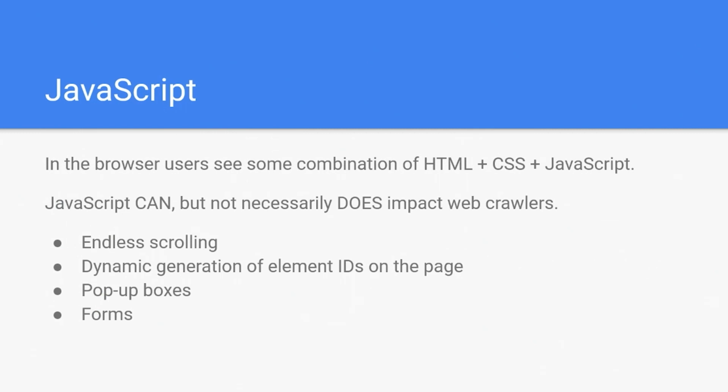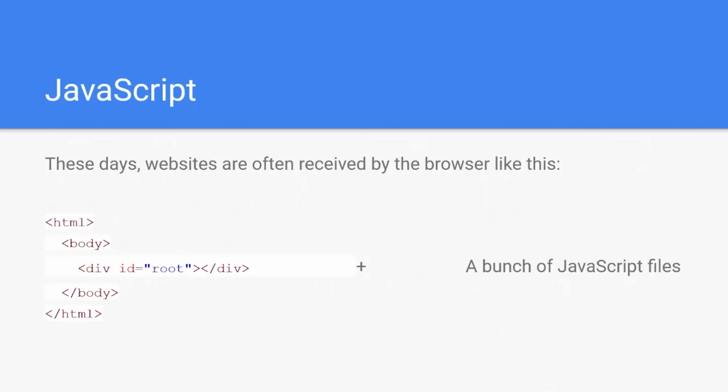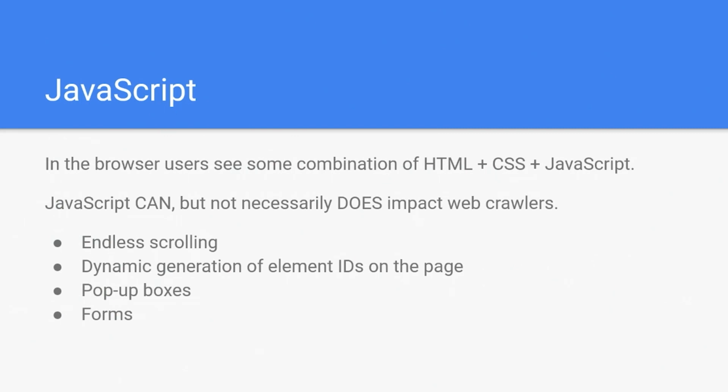In reality, as I said, JavaScript can, but not necessarily does, impact web crawlers. For example, if everything gets immediately rendered in this root element, then basically what you see in the browser, the web crawler can also see. That's not a big problem. The problem is when the content of the website is somehow dependent on what you're doing there.